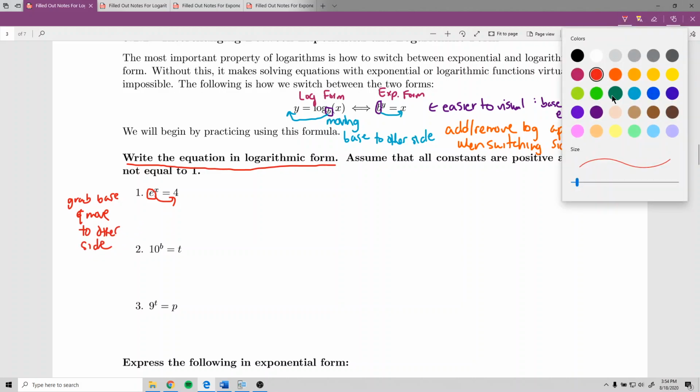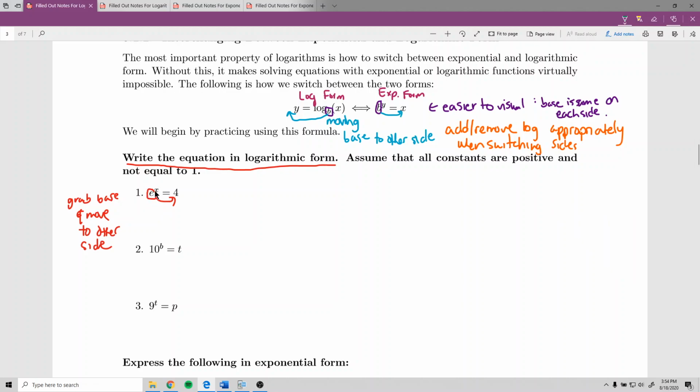When we move the base to the other side, what's over here on the left? Well, the e's gone, so just x. And now since we were starting with an exponent, we're going to get a log. Its base is e, and the inside is 4.